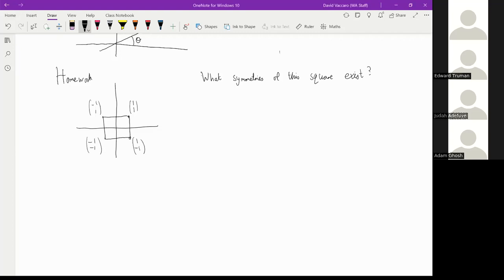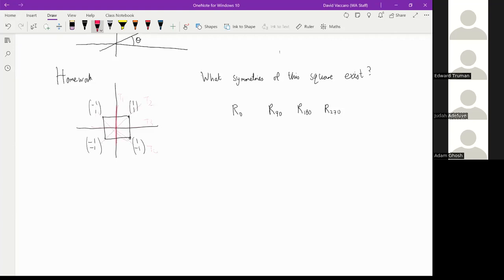Okay, well, you should notice that there are 8 symmetries. There's rotation by 0 degrees, rotation by 90 degrees, rotation by 180 degrees, rotation by 270 degrees, and then there's 4 reflections. Okay, so I can call this reflection T1, this reflection corner to corner T2, this reflection T3, and this reflection T4.